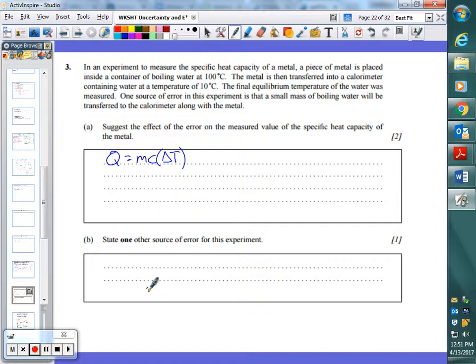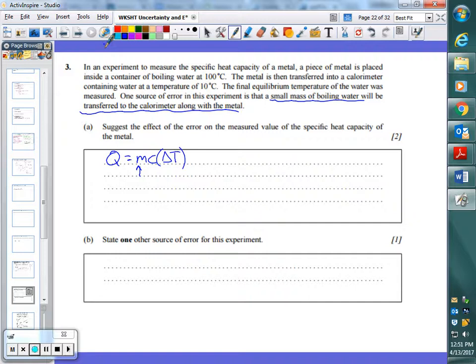Yep. That's right. So now, the error that they're telling us about is that a small mass of boiling water will be transferred to the calorimeter along with the metal. When you did this experiment, the mass of water that you measured, you did it before you put your substance into the water, right?